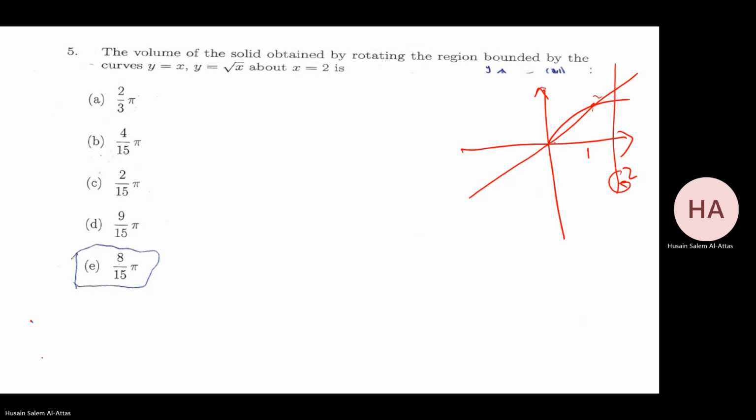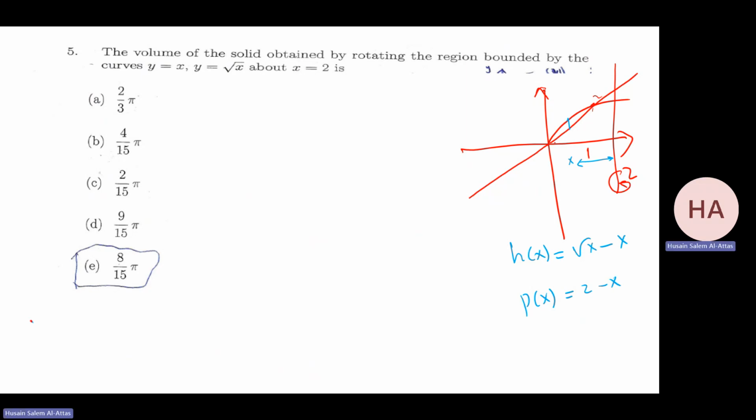Okay. So now I will do the line. This will be my line parallel to the axis of revolution. So I have h of x will be what? Square root of x minus x, and b of x will be 2 minus x. If this is x, I want this distance, which is 2 minus x.